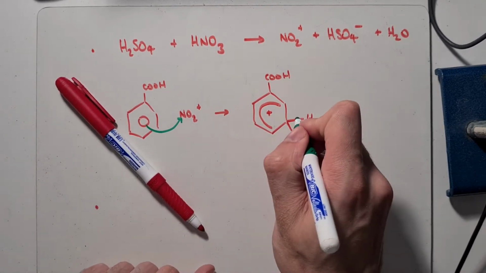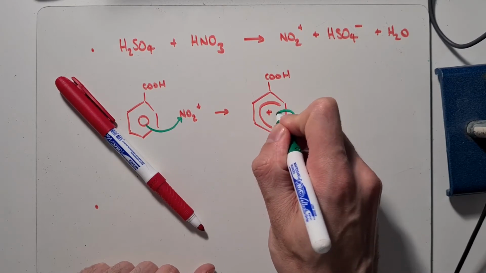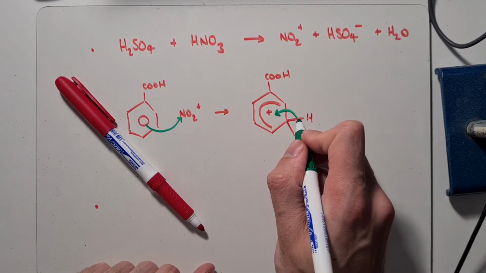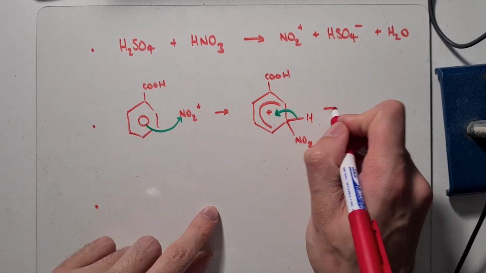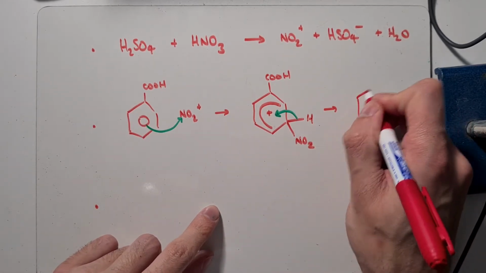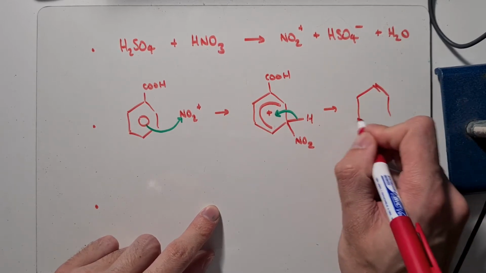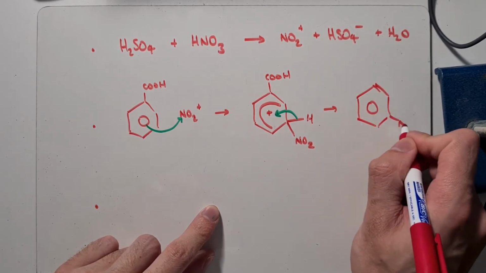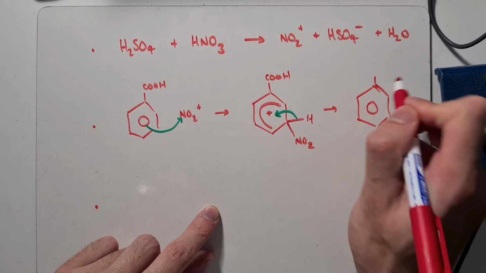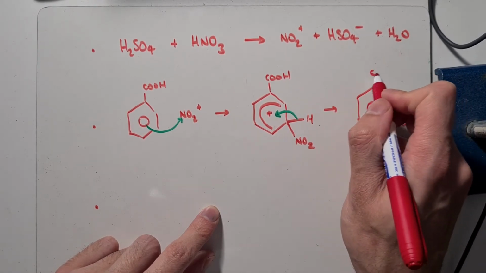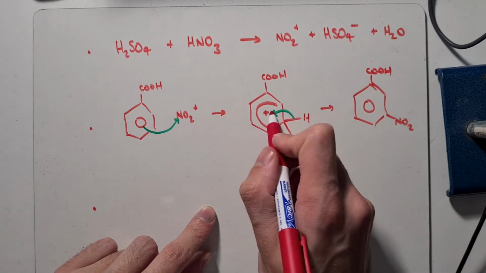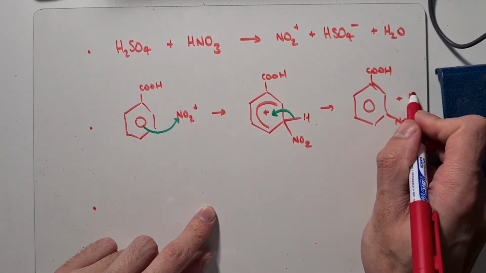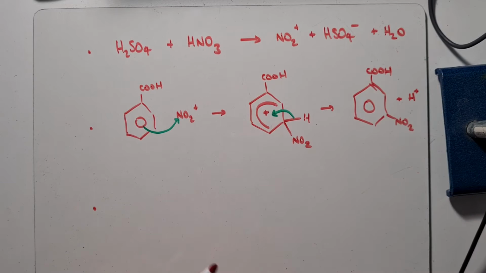Then a curly arrow to represent the electrons from that bond going back in, and that leaves us with the NO2 attached, our COOH group there, but if electrons have gone from there, that's broken the bond to the hydrogen, which now doesn't have any electrons, so it's H+.